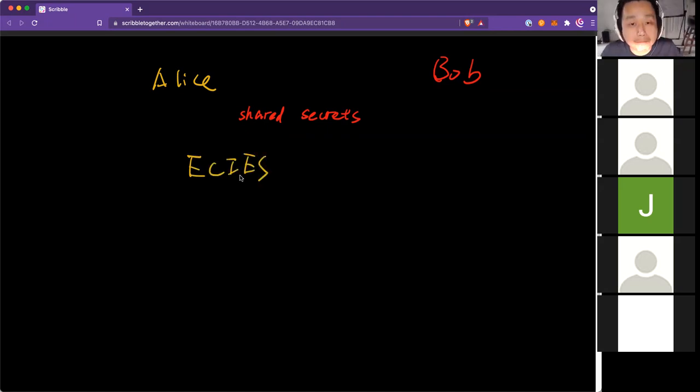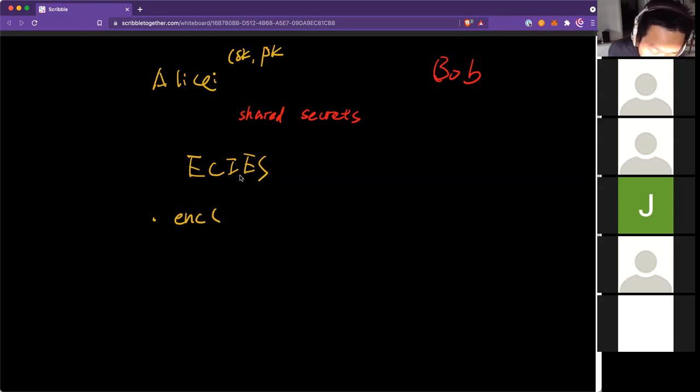ECIES is basically a simple primitive. It has one function called encrypt. Again, assuming we have two parties, Alice and Bob, and Alice has a pair of keys, a secret key and a public key.